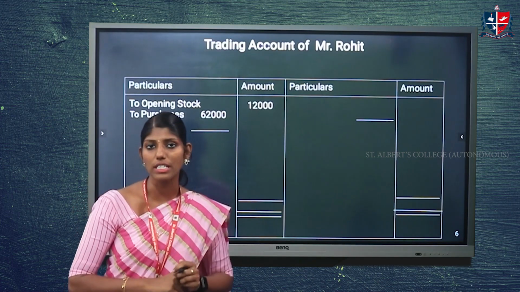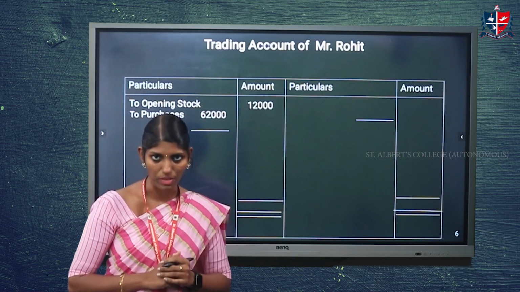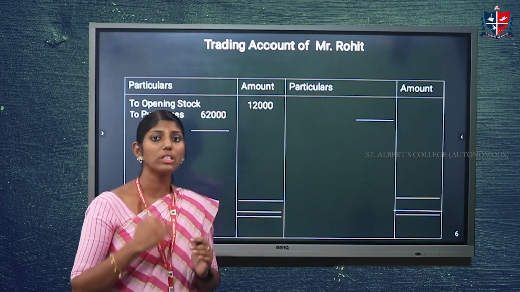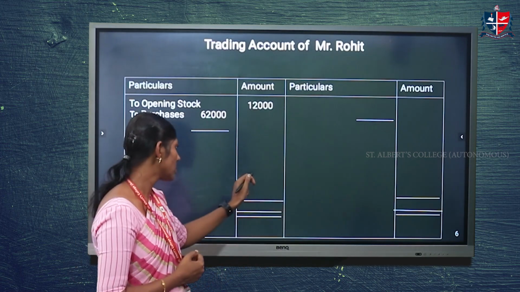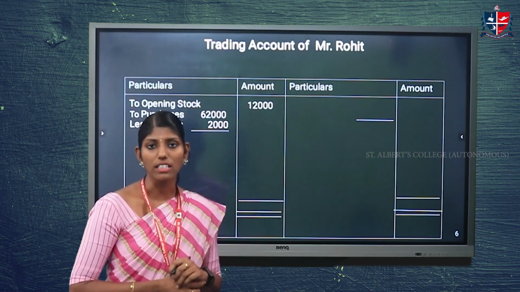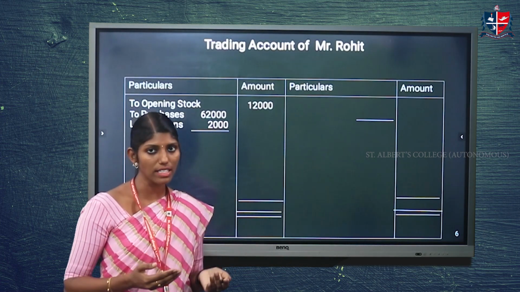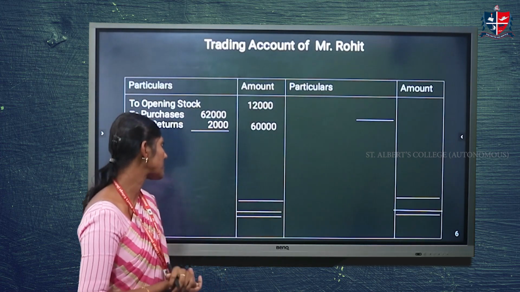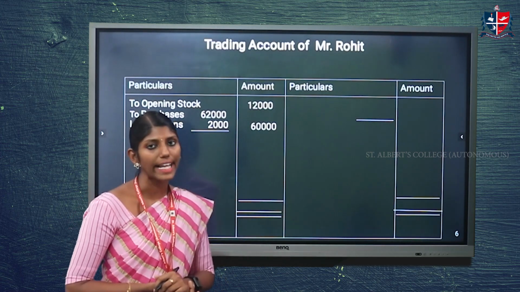Yes, 62,000 is the amount of total purchases. It is written in the inner column because we have to deduct returns from it. So the next item is less returns 2,000. The balance 60,000 is written in the outer column. The next item is carriage inwards.